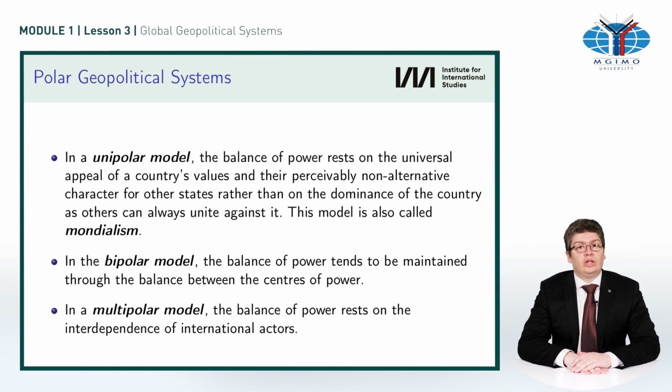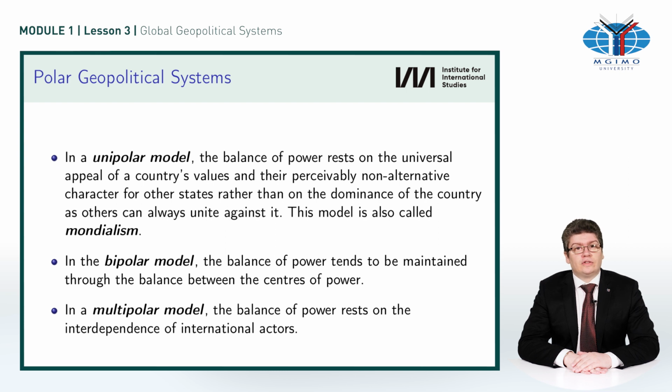Polar geopolitical systems posit a series of poles with magnetic appeal to countries and peoples within the international system. Polar geopolitical systems include unipolarity, bipolarity, and multipolarity. Frequently, the distinction is mistakenly drawn merely by counting the number of poles.